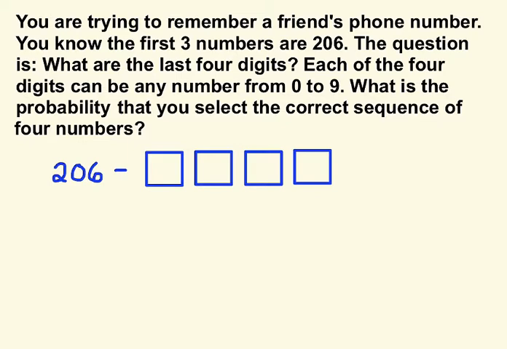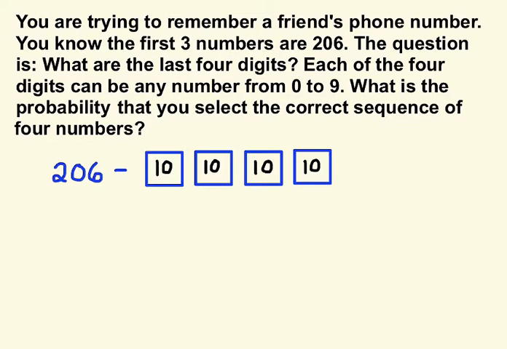Well, in the first digit, there are 10 ways to select the first digit. In the second digit of our phone number, there are 10 possible numbers that could go in there, also 0 to 9. In the third, there are also 10, and in the fourth, there are 10 ways of selecting the fourth.